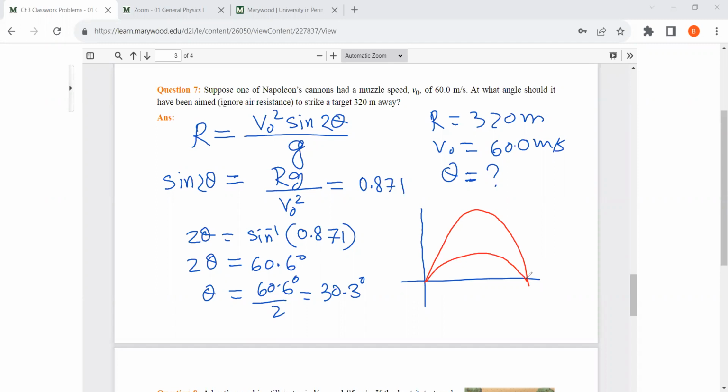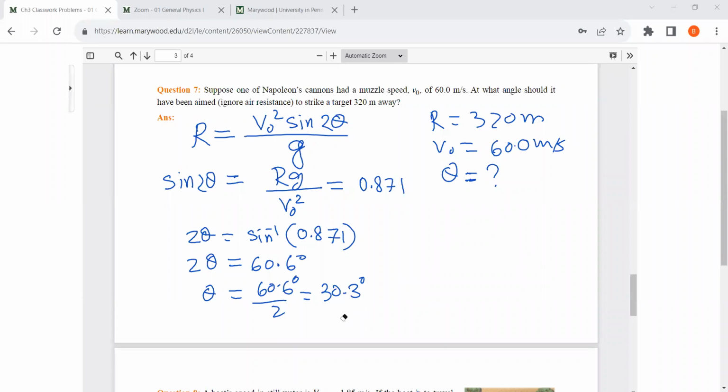For 75 degrees and 15 degrees, the horizontal level ranges are the same. So here we also have two angles. Not only 30.3 degrees, we have to find another angle for which we can also have the same horizontal level range. So how do we calculate the other angle?